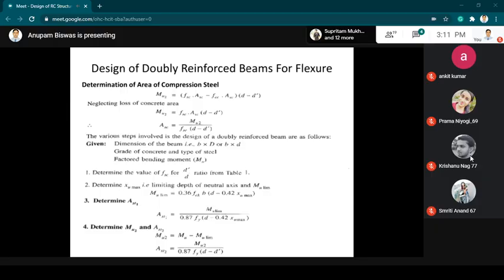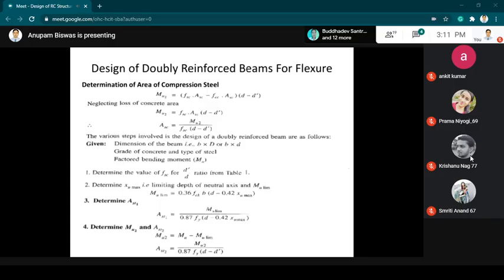Okay, so the final value of ASC, the area of steel required for the compression zone, is in terms of Mu2: Mu2 divided by FSC into d minus d dash.